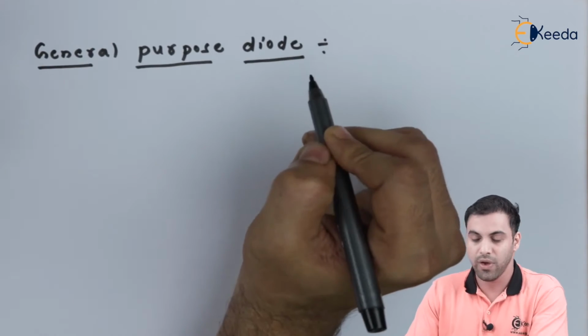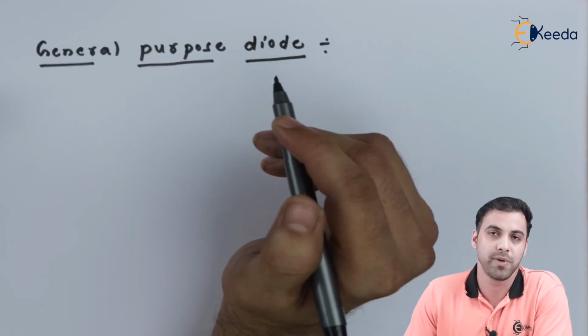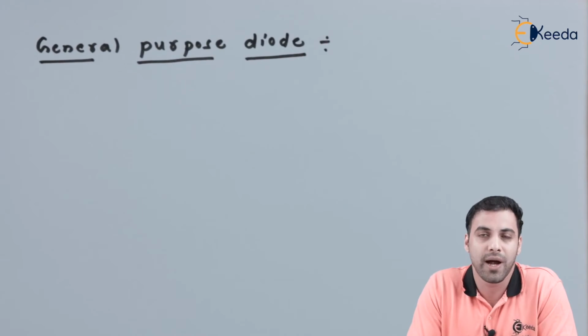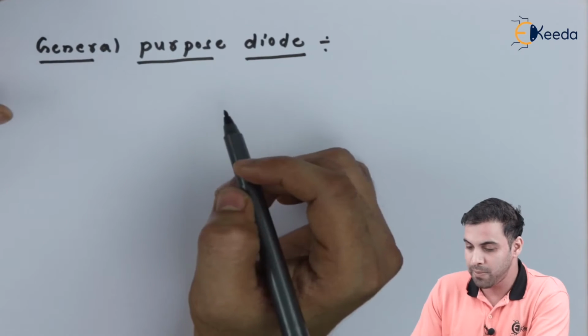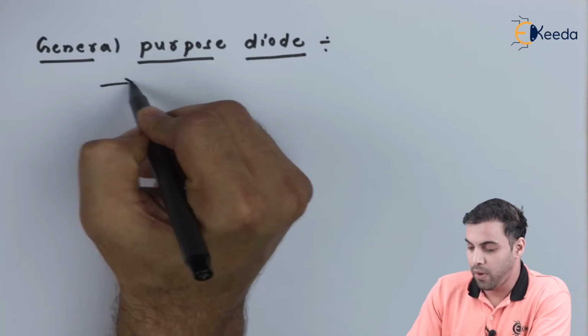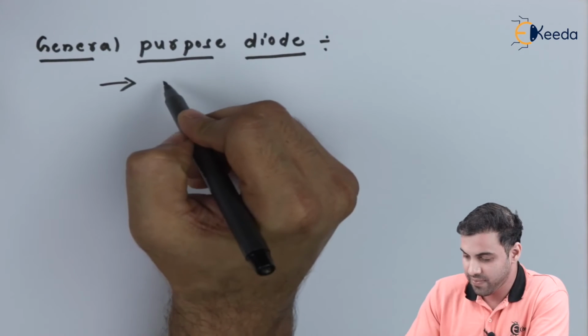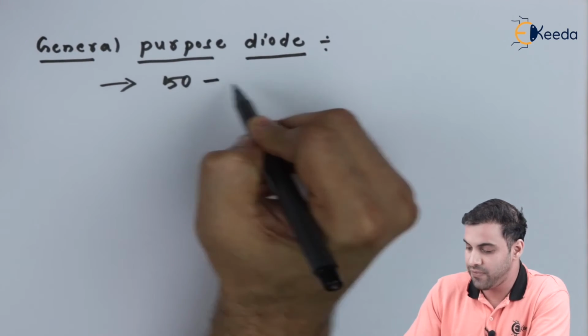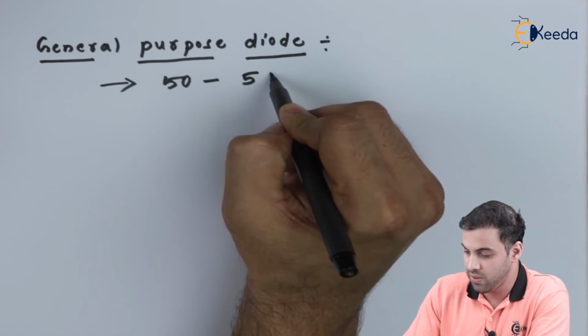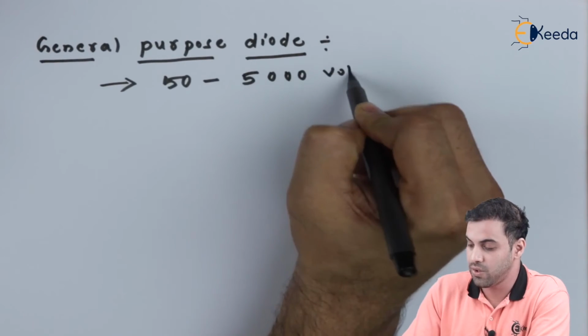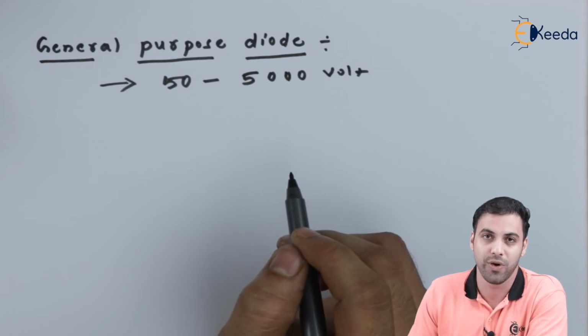We all know what a general purpose diode is. The general purpose diode is the normal power diode that is available in the market. Point one: it is capable of withstanding 50 to 5000 volts.